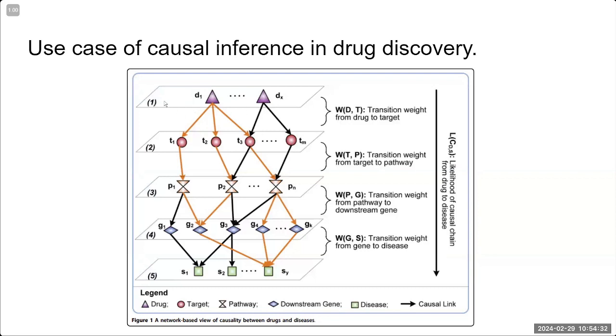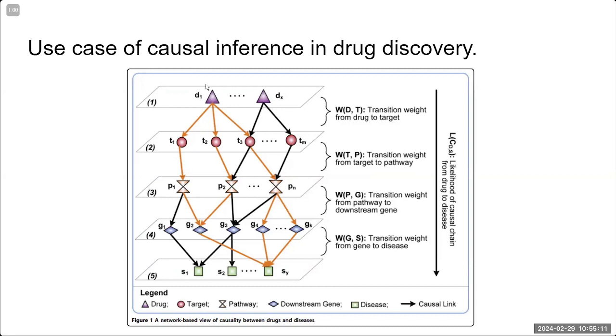In row 1, there are D1 to DX, which we can think of as drugs. In the second row, there are targets T1 to Tn. The targets can be thought of as some proteins or something like that. There can also be pathways related to each target.